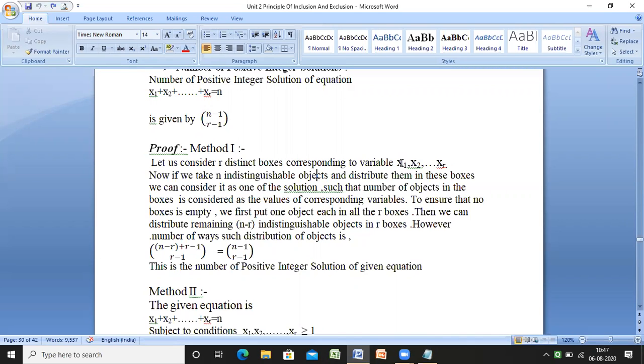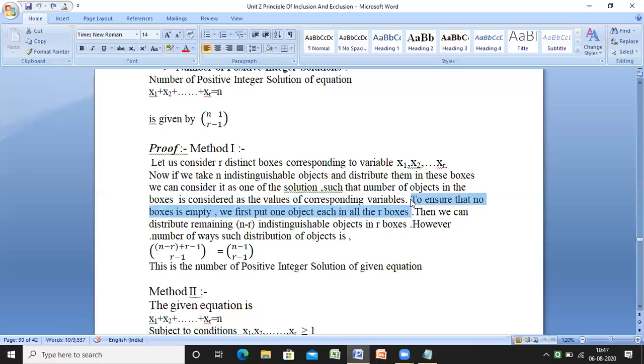We can take indistinguishable objects and distribute them in these boxes, where the number of objects in the boxes is considered as the values of the corresponding variables. We must ensure that no box is empty.